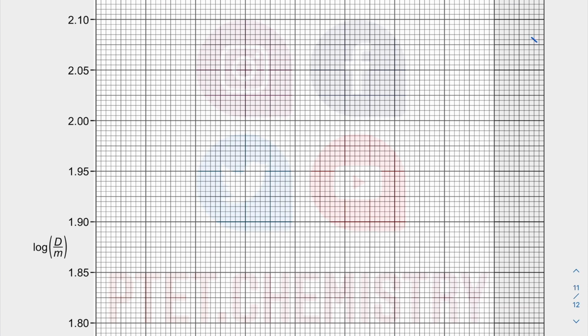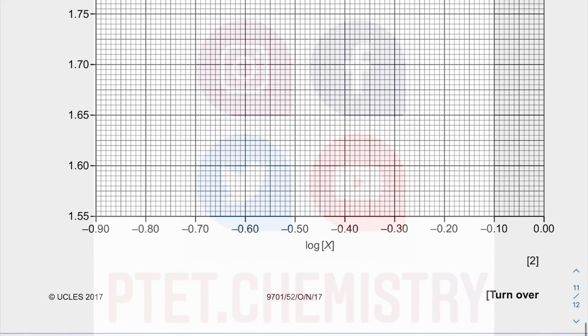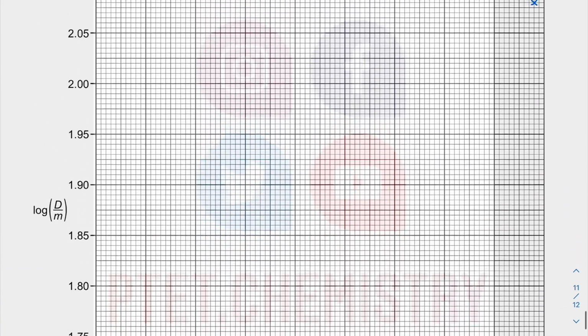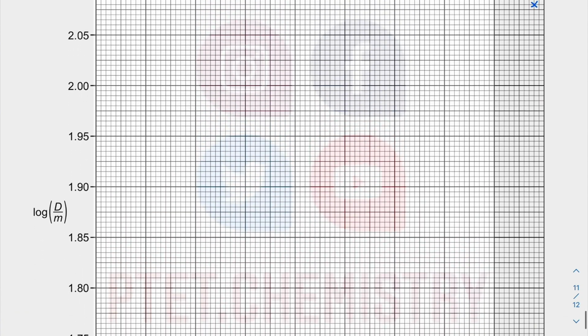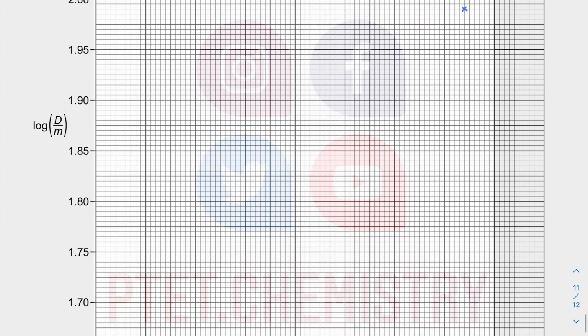So that is minus 0.02 and 2.08. Okay, I'll probably plot the rest in silence now. Minus 0.16 and 1.99. Minus 0.22 and 1.91.